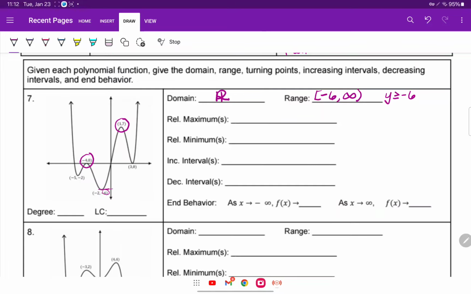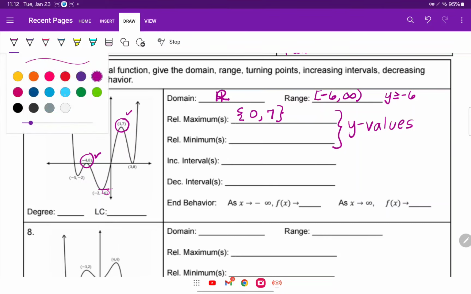You have two relative maximums at -4, 0 and -1, 7, but these are y values. So keep in mind, anytime you're giving a min or a max, you're always just telling the y value. So we have a y value that's at a max of 0 right here, and we have a y value at 7. And so those are your relative max values.